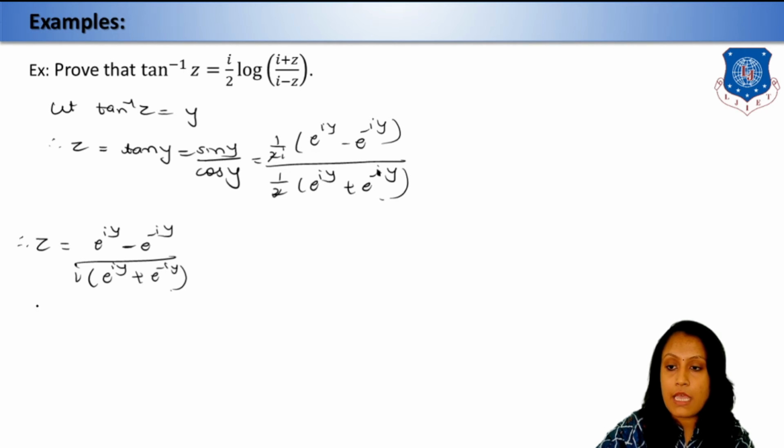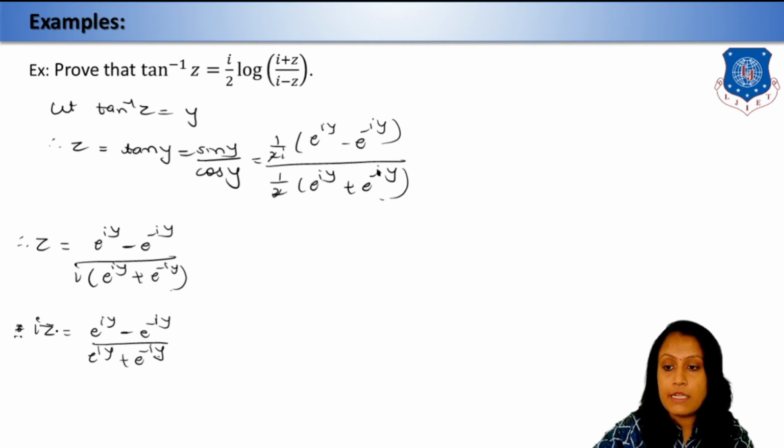Bring this i over here, so iz is equal to (e raised to iy minus e raised to minus iy) upon (e raised to iy plus e raised to minus iy). Now we'll multiply and divide it by i over here.